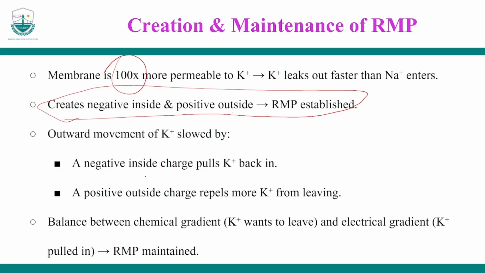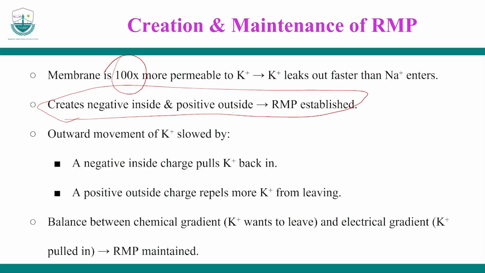That is because you have a negative charge inside the neuron, and the potassium getting out is positively charged, yet the inside is negatively charged. So you have that electrostatic attraction that tries to slow down the movement of potassium ions out.